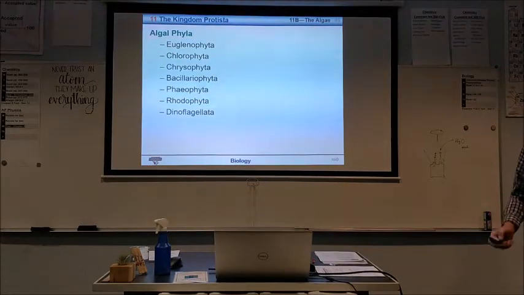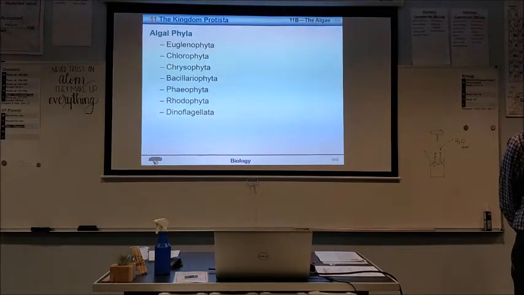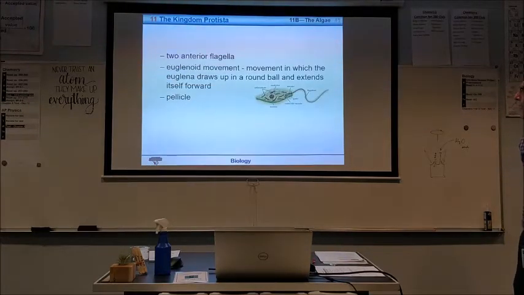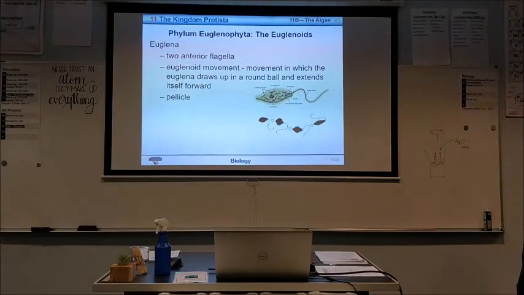And then we have the Dinoflagellates. We'll talk about those. They have kind of a unique shape to them, and they have flagella, as the name kind of implies. So the first one we're going to talk about is the Euglenophyta, the Euglena.